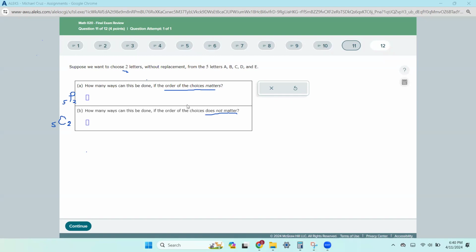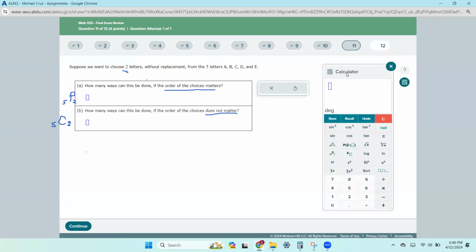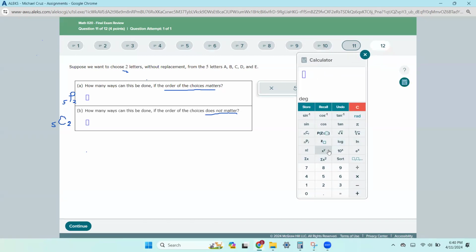All right, so I'm just going to use the old Alex calculator. So this is 5 P 2, 20. And then this is 5 C 2. So 10. So they're that simple if you recognize the order and the calculators on here.